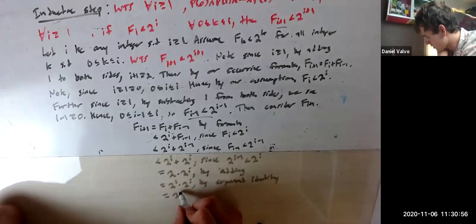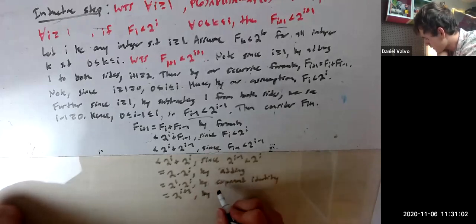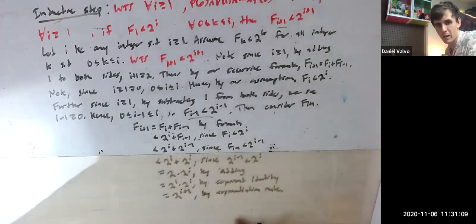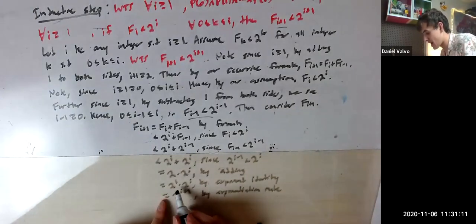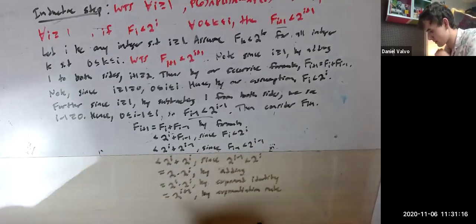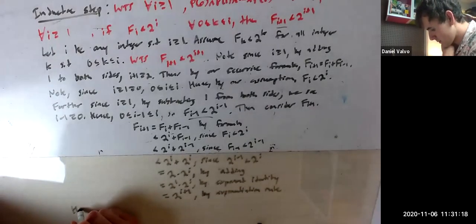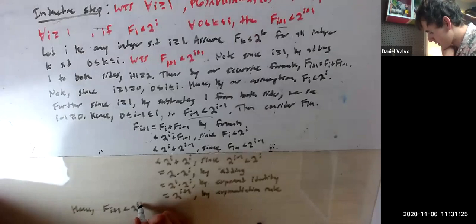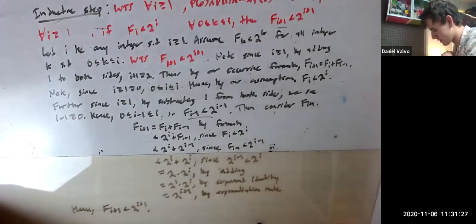And this equals 2 to the i plus 1, by the exponentiation rule, where we have a common base, 2 to the 1 times 2 to the i, so we can add the exponents. Hence, f of i plus 1 is less than 2 to the i plus 1.